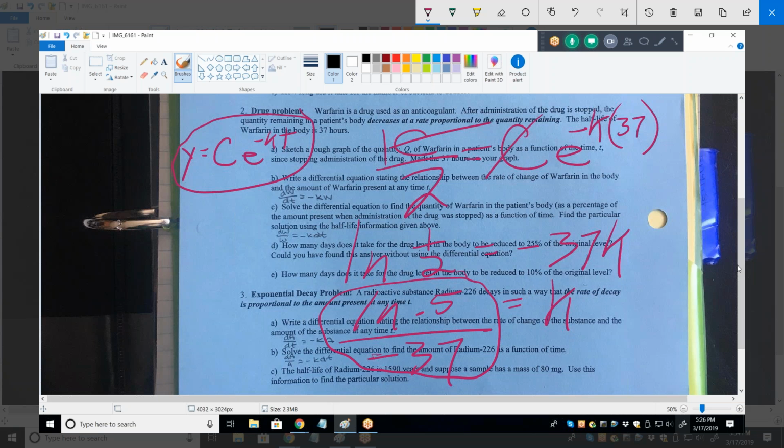And go ahead and look that up in your calculator. Tell me what that number is, because rather than writing it as natural log, it's a little bit easier to do the algebra if it's written as a number. As much as I would prefer to see it written as natural log always, in this instance, let's convert it to a number. So it's the natural log of 1/2, or 0.5, divided by minus 37. What do you get?